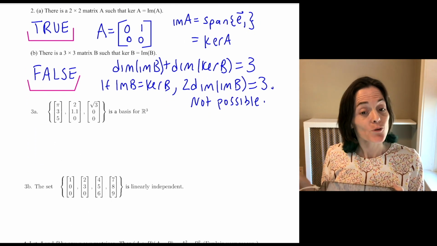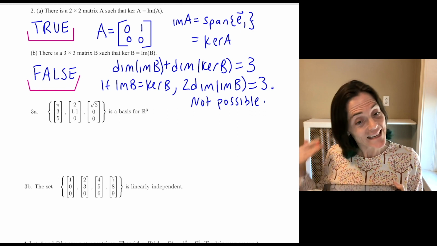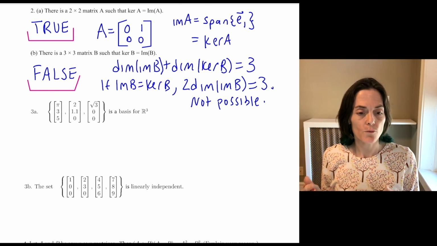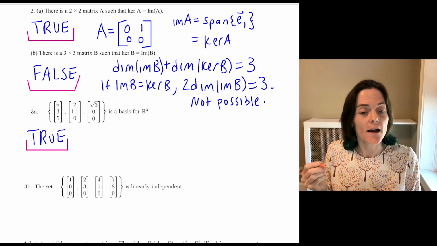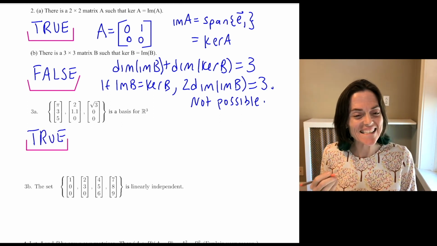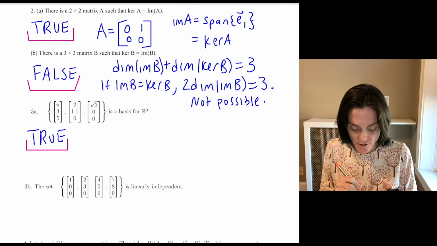Next question, we have 3 vectors in R3. Are these 3 vectors a basis for R3? The answer is true. We can justify a number of ways. Maybe I will do this as follows.